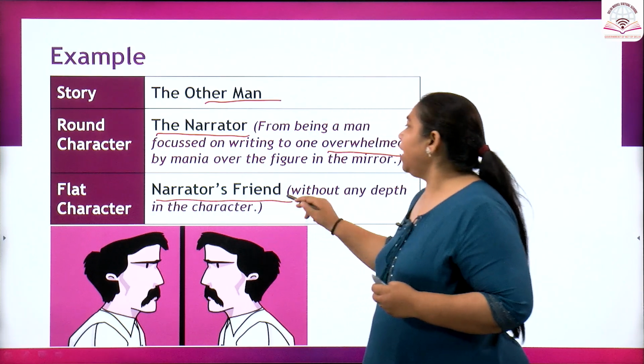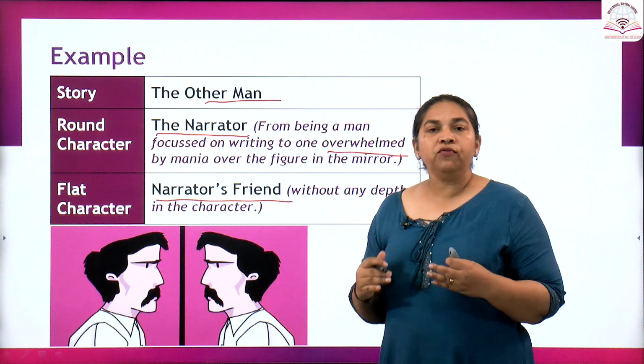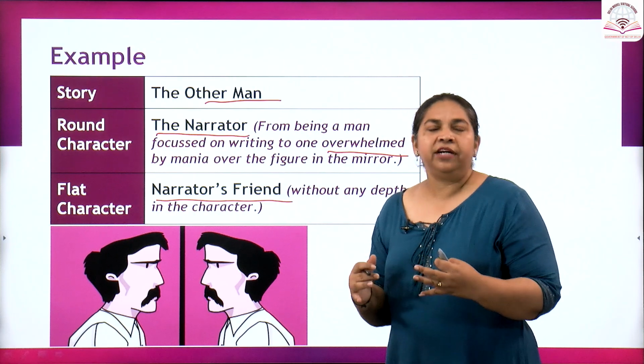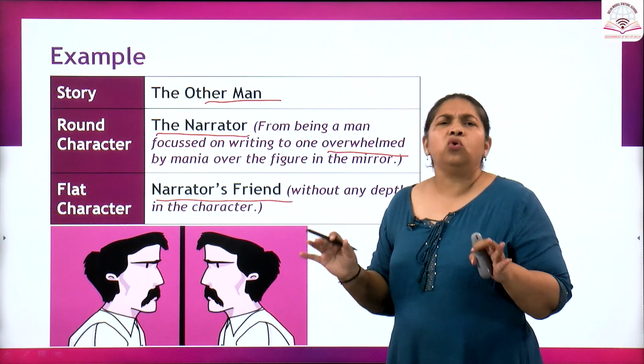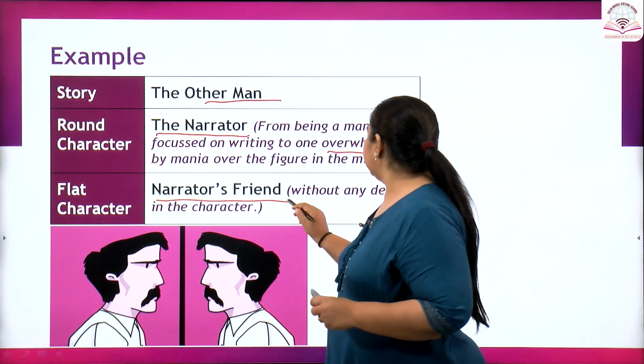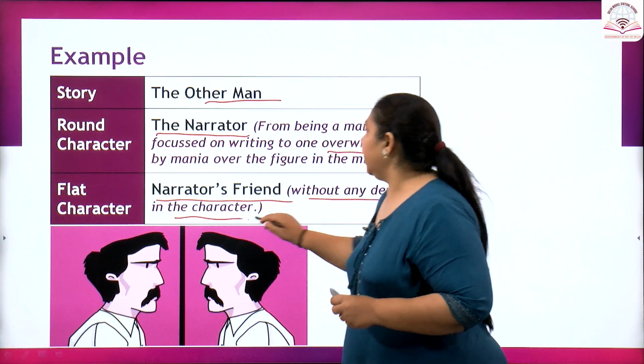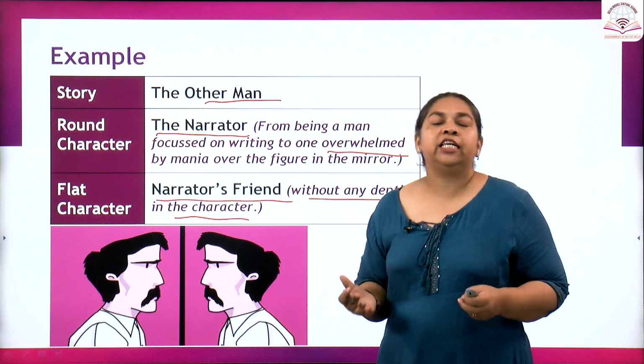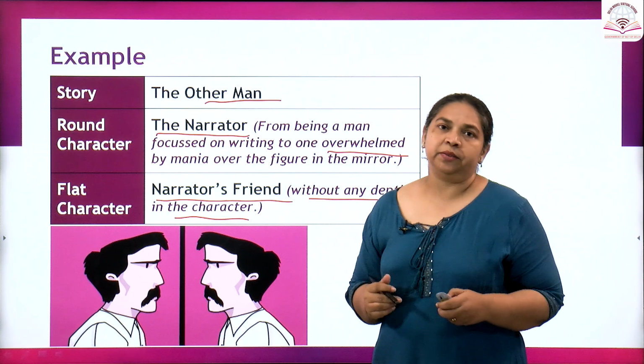Next is flat character. A friend of his visits him in between. He has no role to play. He just comes and goes. So he is a flat character who doesn't have any depth in his character.